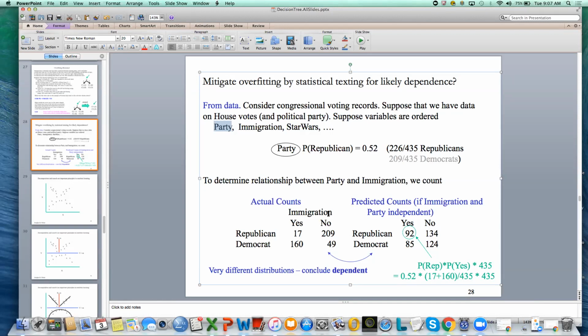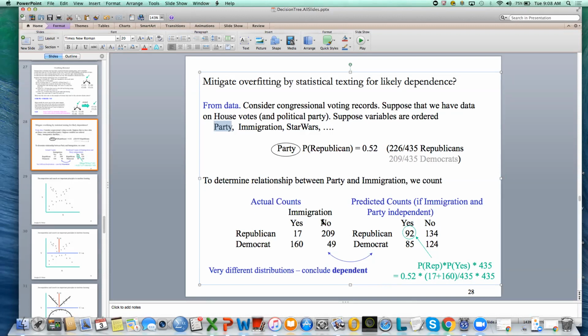Let's say immigration had the highest value according to our selection measure, the thing we just looked at, that long thing with logs in it, the information theoretic measure. Then we would do an additional test. And that additional test would ask, okay, this seems to be the best according to the selection measure. Is it statistically valid to branch on this?